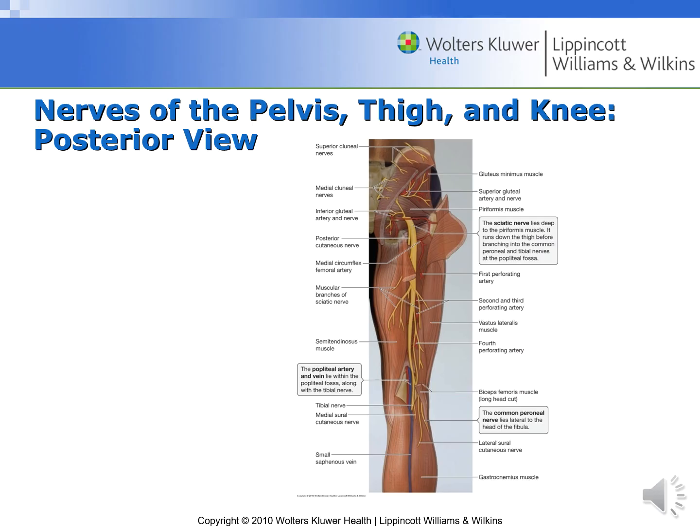They lie within the popliteal fossa along with the tibial nerve, the medial sural cutaneous nerve, and the small saphenous vein.